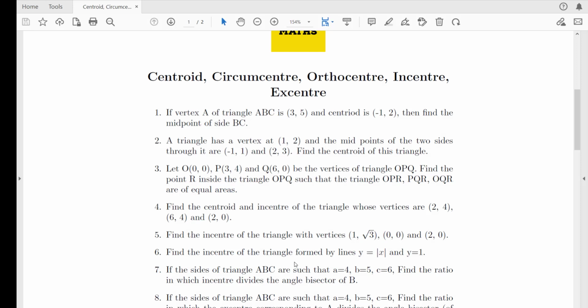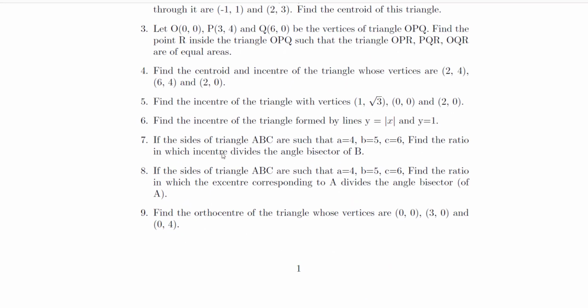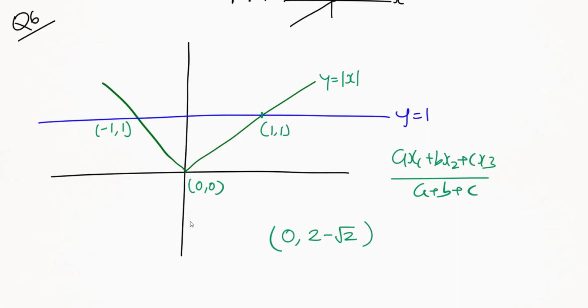Moving to the next question, question 7. If the sides of triangle ABC are given, find the ratio in which the incentre divides the angle bisector of B. This we already saw here, right? If you go back in this video, you will see the ratio we already saw.